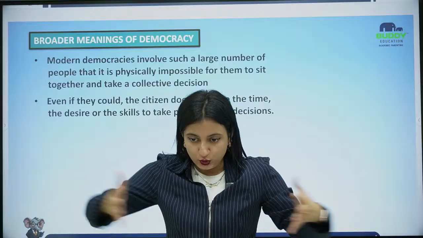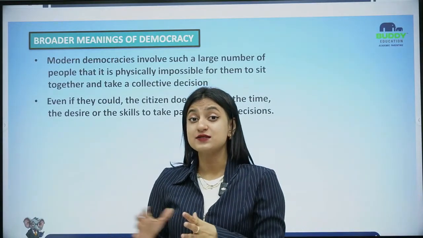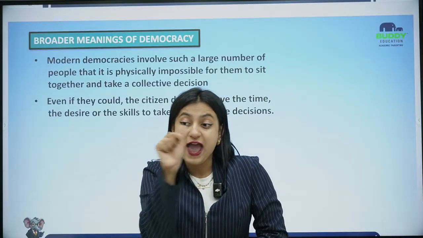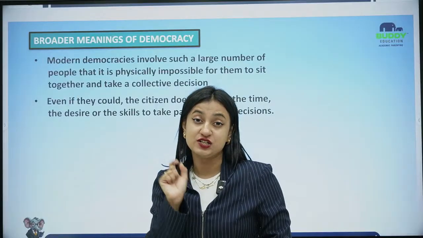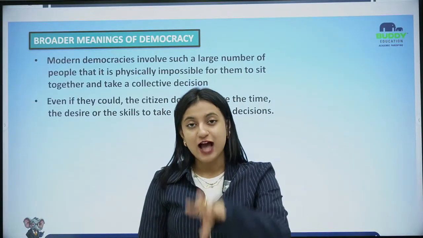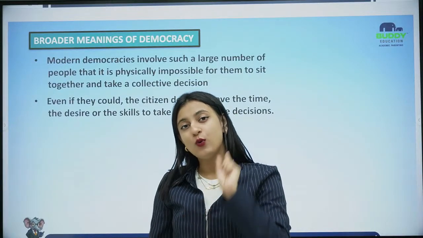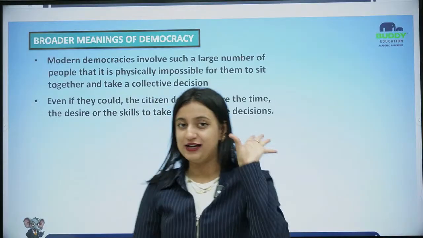Now the population is too big in a lot of countries, right? Because the population is extremely high, it is impossible to go to every person and ask, hey, we are making this decision, yes or no. That's why we have fewer people to take decisions for us. And those fewer people come to power only through voting. And that voting is one person, one vote, one value, right?